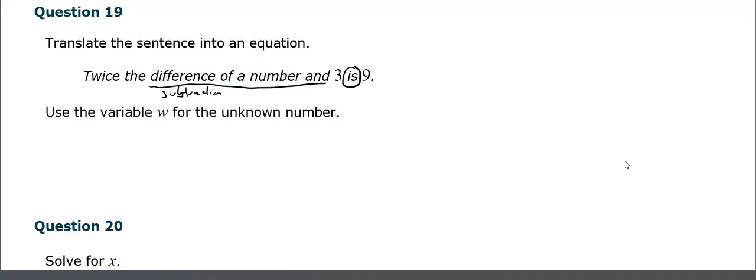So the difference of a number and 3 would be, in this case, w minus 3. Now twice the difference of a number and 3 means 2 times. So we have a 2 in front of our parentheses. And it says is equals 9.